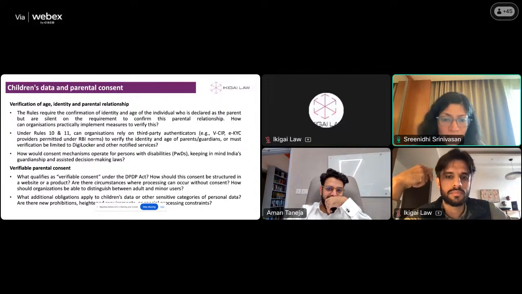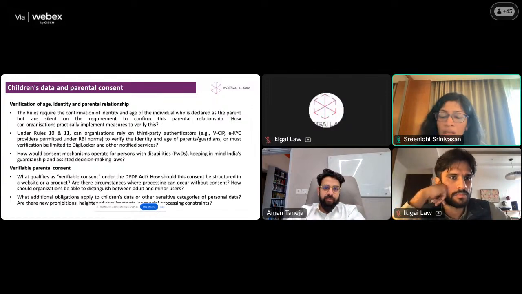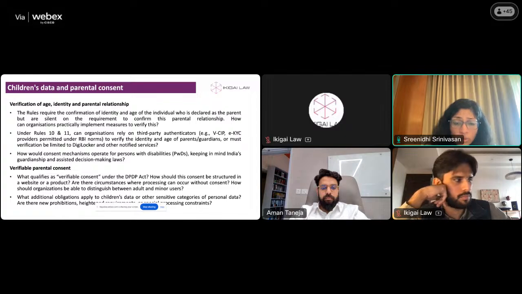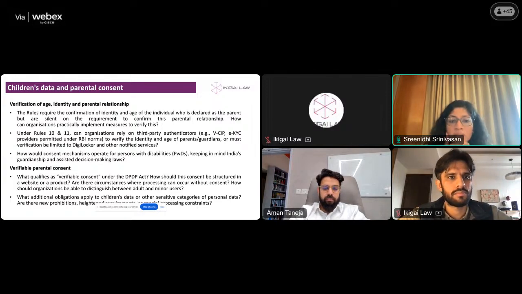So it's up to the platform to decide whether we want to engage the services of a third party or whether we want to implement and run this ourselves. Essentially, there's no requirement to limit to DigiLocker. And also, I don't think that infra is built out even within DigiLocker just yet. But I think we'll gradually see more services also developing for this verification.